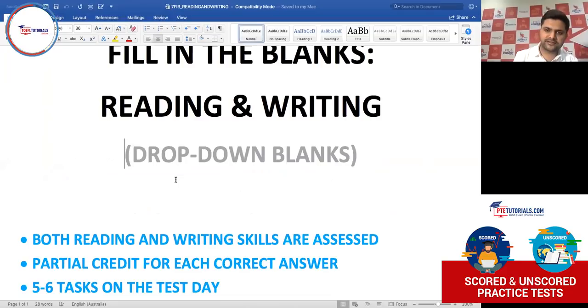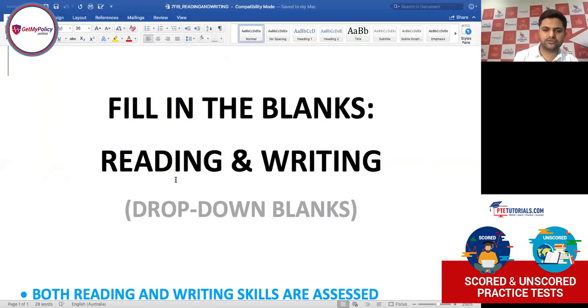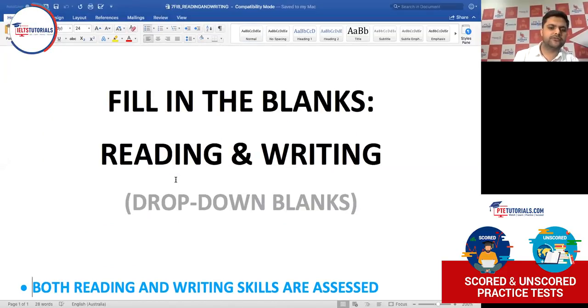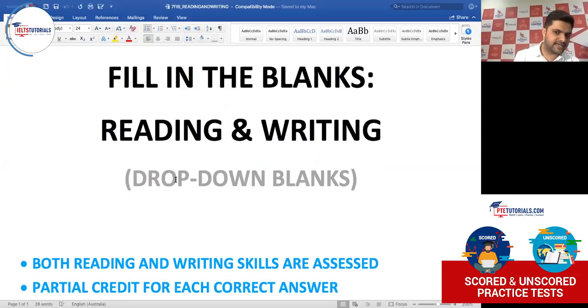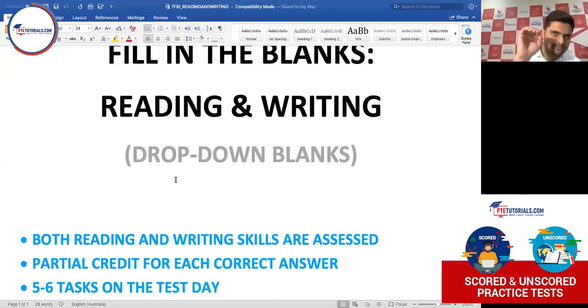Now, reading and writing fill in the blanks are also known as the drop down fill in the blanks, because you click the blank and you have a list of options. As I said, both reading and writing skills are assessed and the scores contribute towards both.